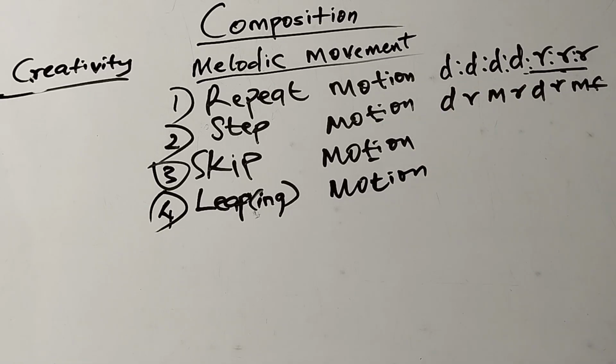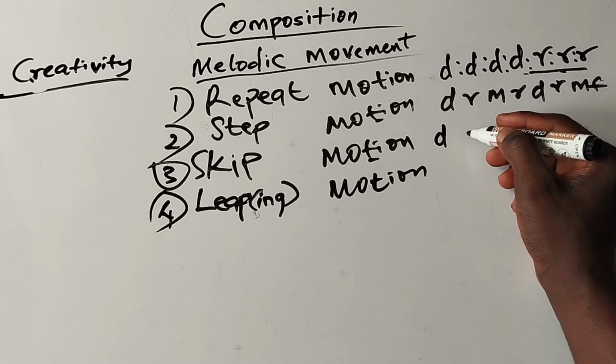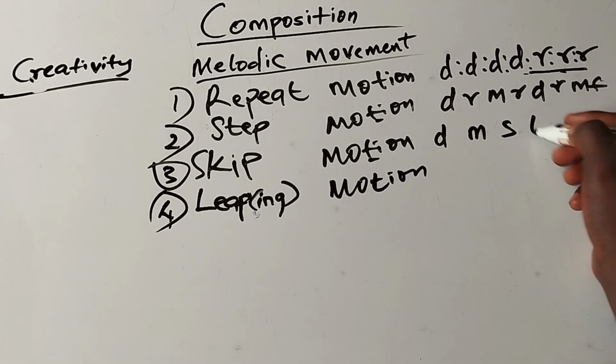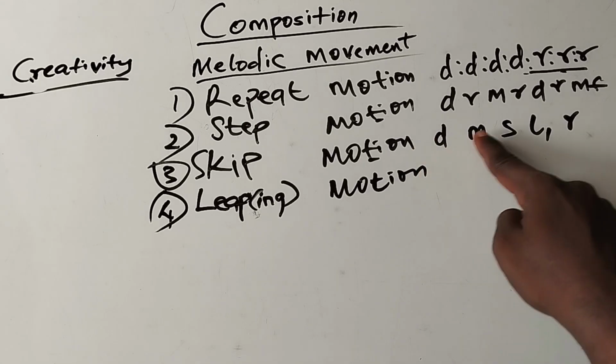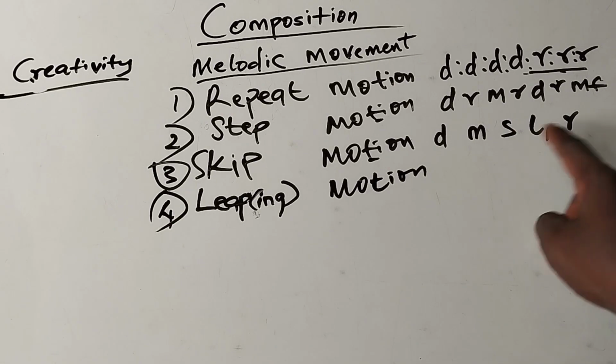Then skip motion is just when you have do, you skip re and get mi, another one you get so, another one la, another one you see re. So this is what we call skip motion. Do mi so la re.